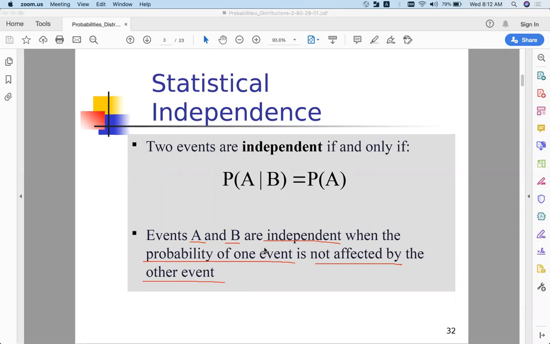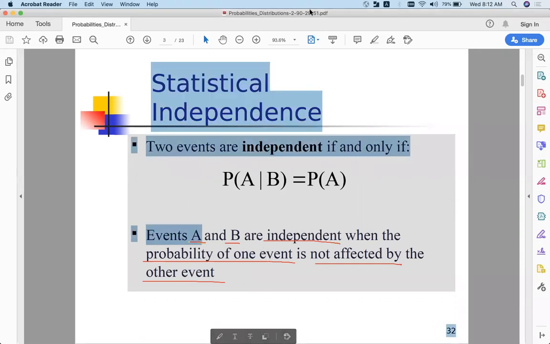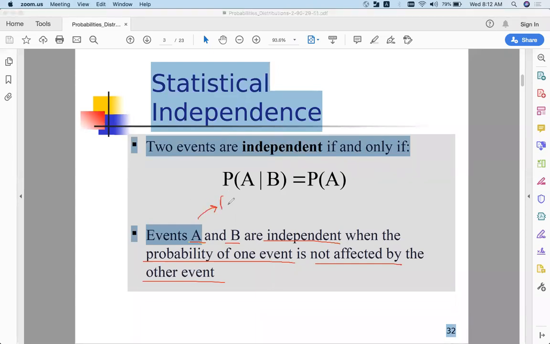One example is, let's say event A is rolling a dice and event B is flipping a coin.